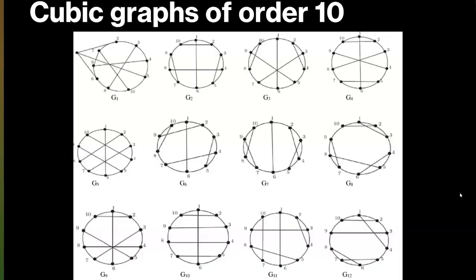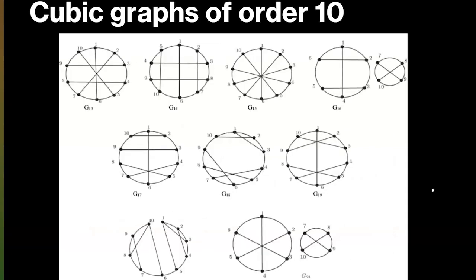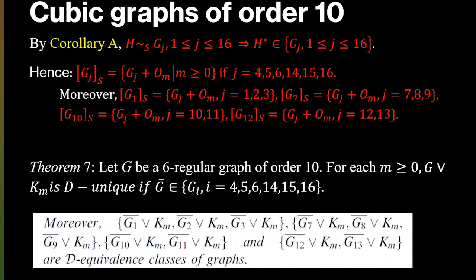Next, we can look at cubic graphs of order 10. For order 10, there are, I believe, 21 of them. So again, by studying the star polynomial of these graphs one by one, and also by applying the theorem on what we call regular graphs, we are able to show that if H is S equivalent to the graph Gj from 1 to 16, then H is also one of these graphs.